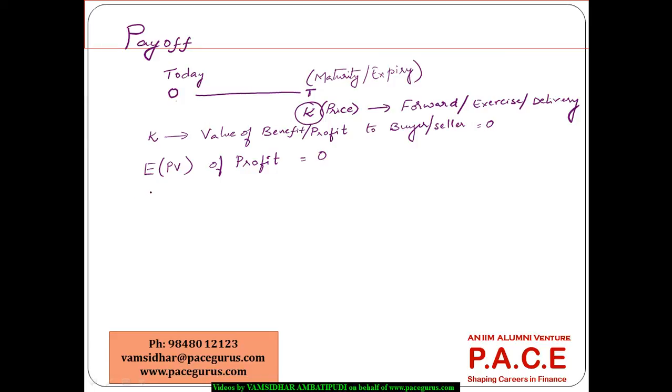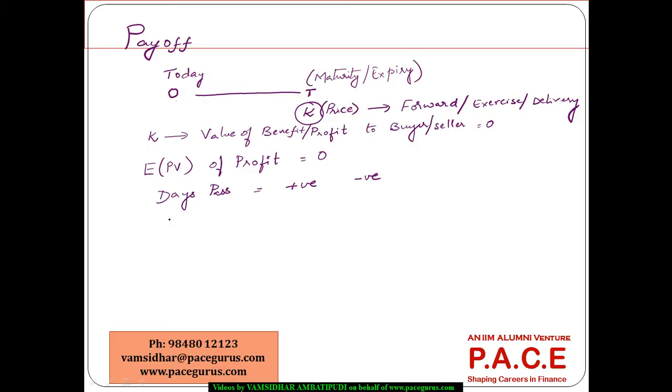Only after I enter into the contract, as the days pass, depending on how the market is moving, one party will have a positive value and the other party is going to have a negative value.